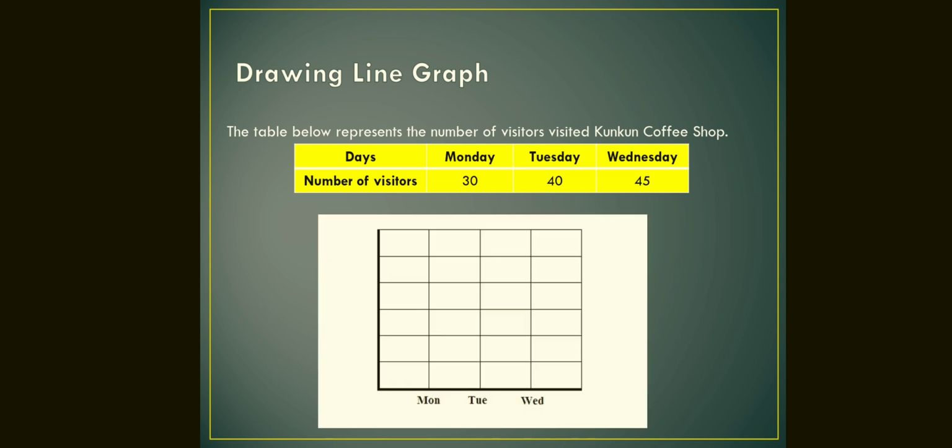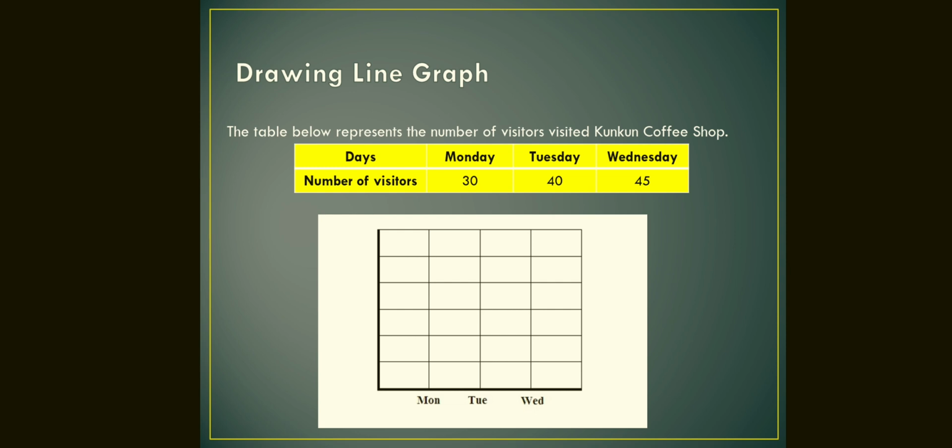Then what about the y-axis? The y-axis will represent the number of visitors. As we know, the numbers should be whole numbers, and the numbers should be in a pattern. Take a look at the number of visitors. They are 30, 40, and 45. Now, in the y-axis, we can make the pattern in multiples of 10.